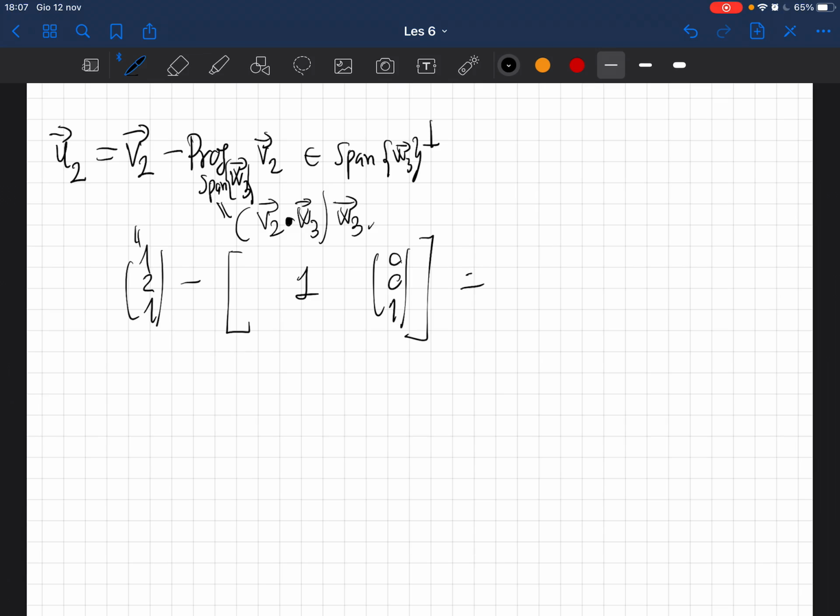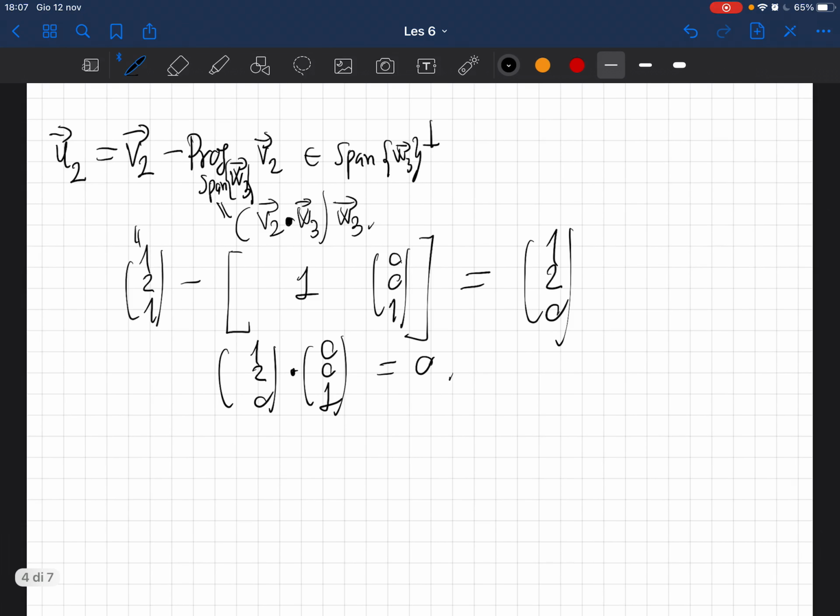So this is indeed just 1, 2, 0. As a check, let's verify that indeed 1, 2, 0 is orthogonal to this W3, and it indeed is. Very easy.